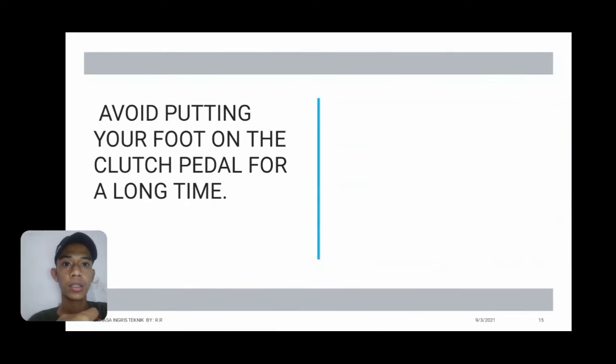Avoid putting your foot on the clutch pedal for a long time.